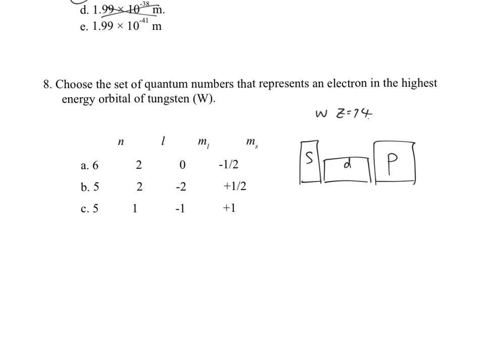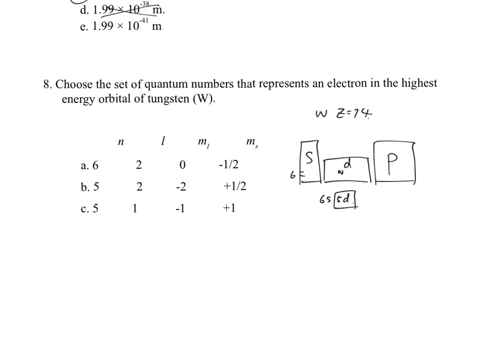In the 6th row, you start with 6s. After 6s, the next orbital is 5d.